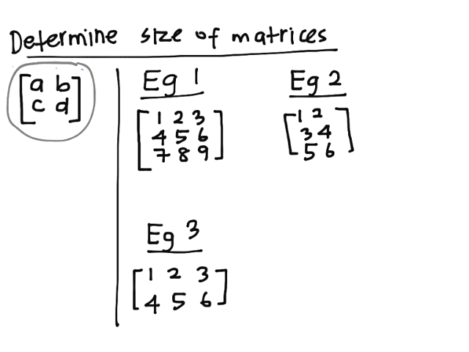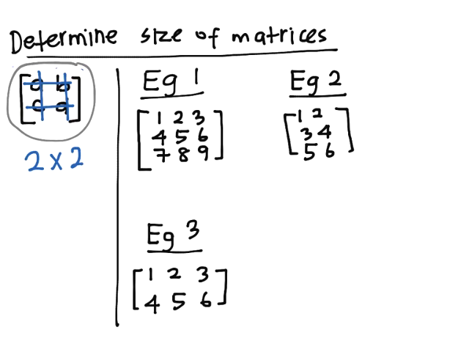Rows always go horizontally, and we have 1 and 2 rows, which means our size will be 2 by, and this time we count how many columns we have. Columns go vertically, and now we have 1 and 2 columns. So we have a 2 by 2 size matrix.